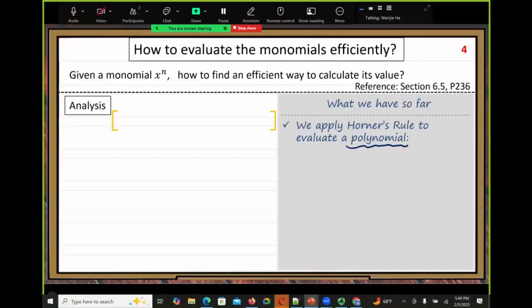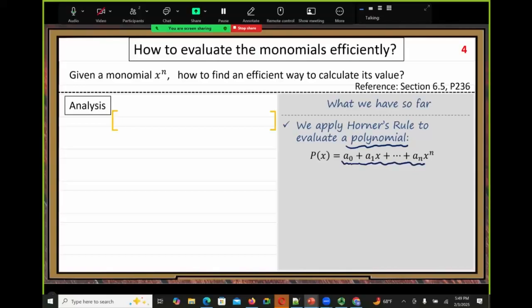But for a polynomial, especially when the coefficients are given in an arbitrary way, there is no pattern in the coefficients.